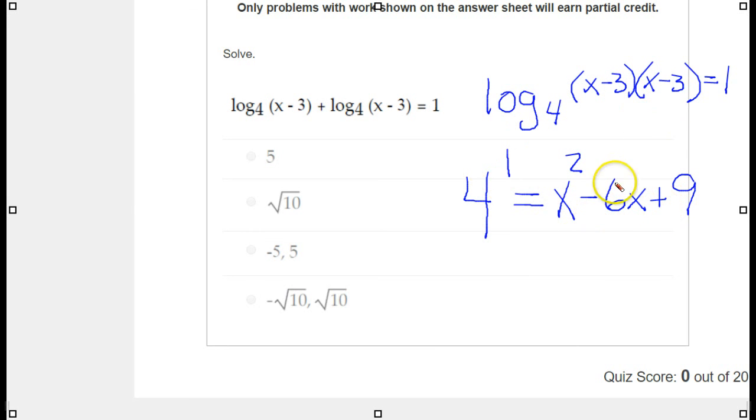Now to put this in standard form, I'm going to bring this to the other side, so I get 0 equals x squared minus 6x, and this to the other side makes it a negative, or I should say a positive 5.